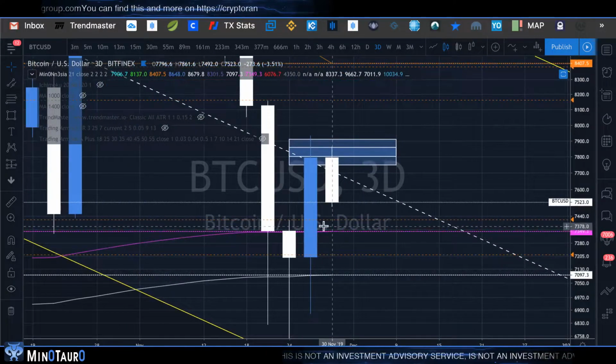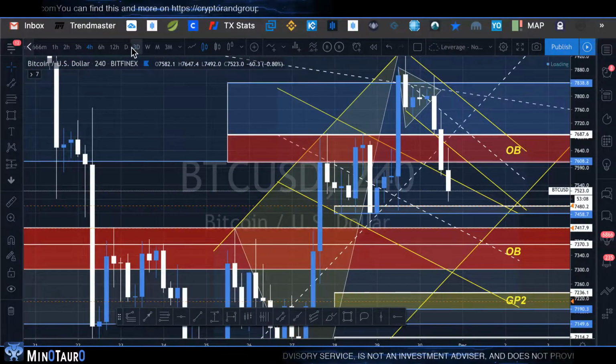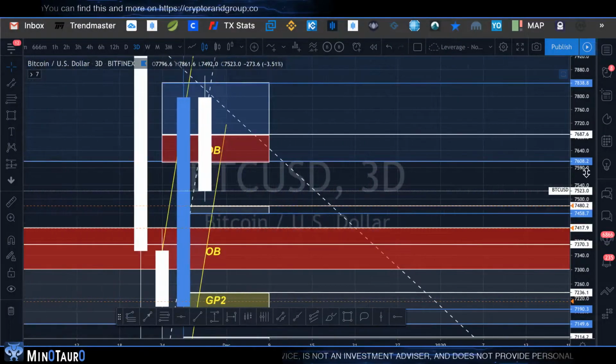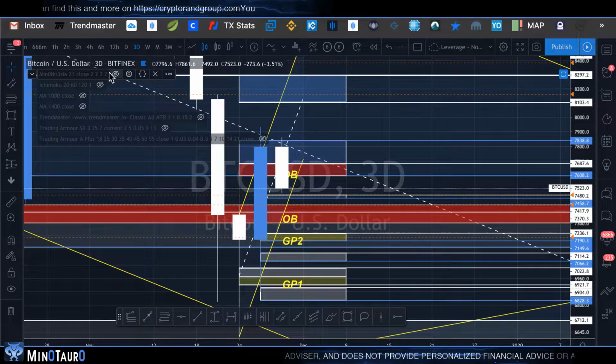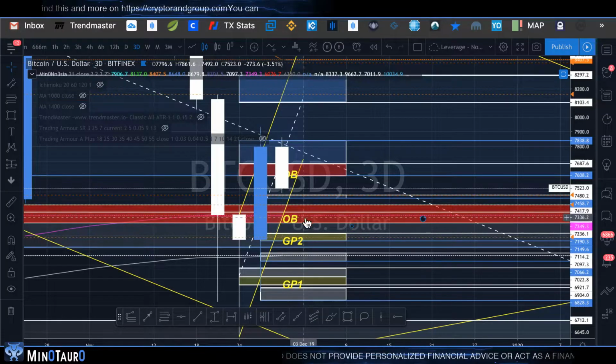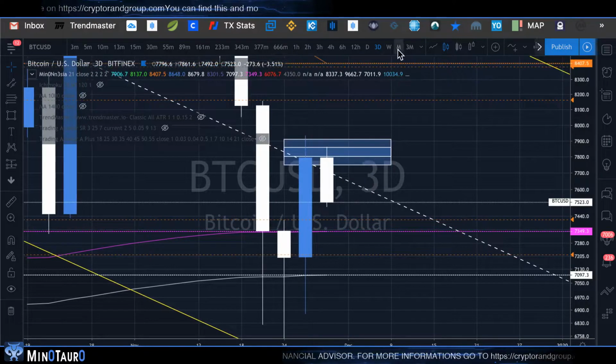So in our setup here we have an order block. Look, the order block is here, the 200 is here, so the target is probably the first order block.